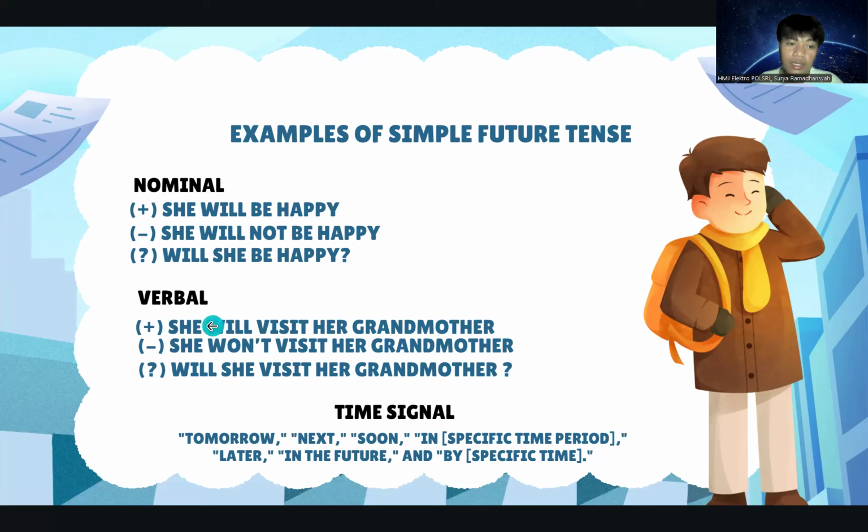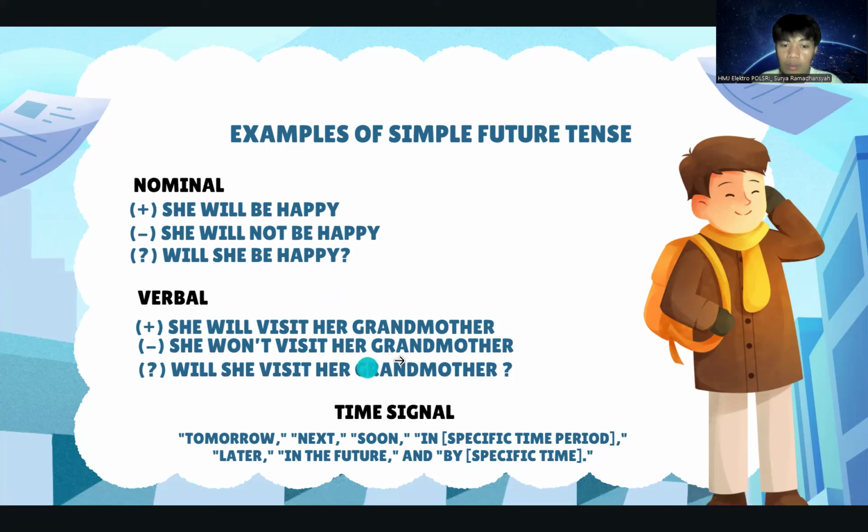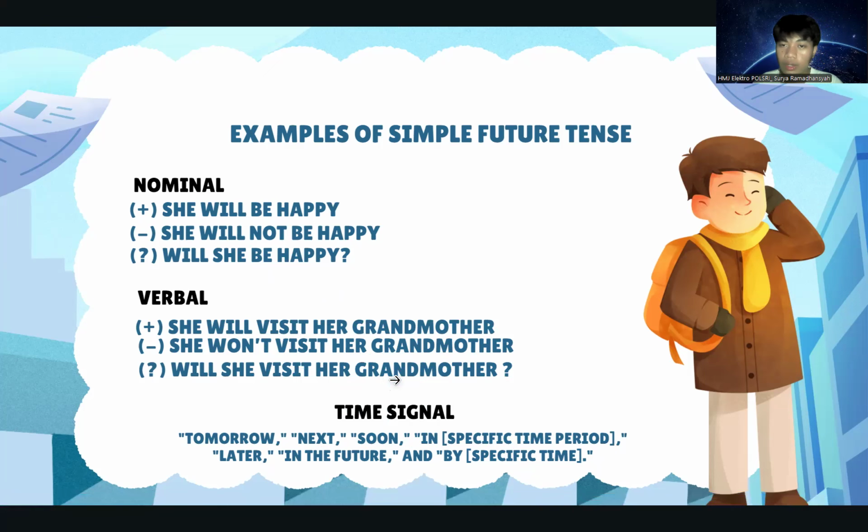As the example is, she will visit her grandmother tomorrow, or she will visit her grandmother next week, or anything. You can use the time signal in the end of sentence. Okay.